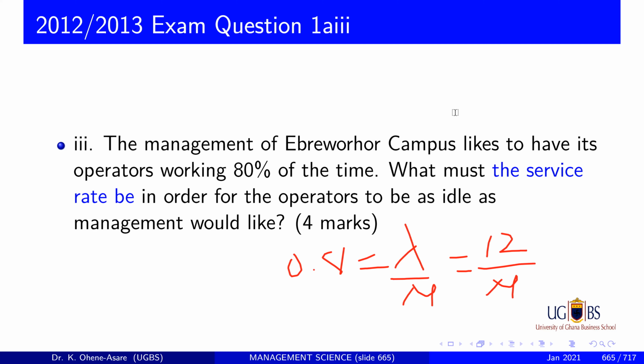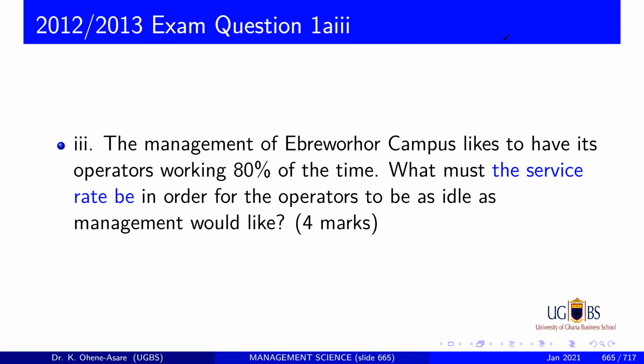You cross multiply, and mu is equal to 12 over the 0.8. And this is what the service rate is going to be. You will get the same thing. That is how the service rate must be for the operators to be as idle.